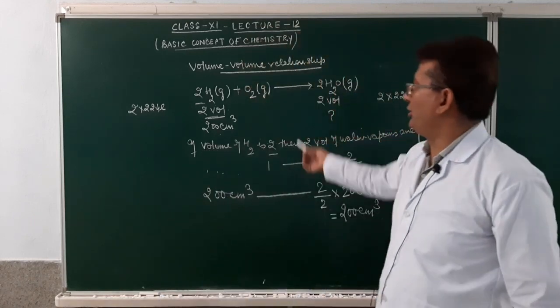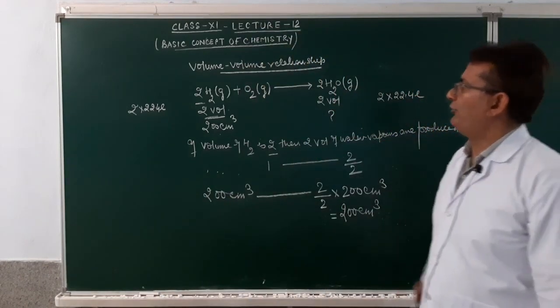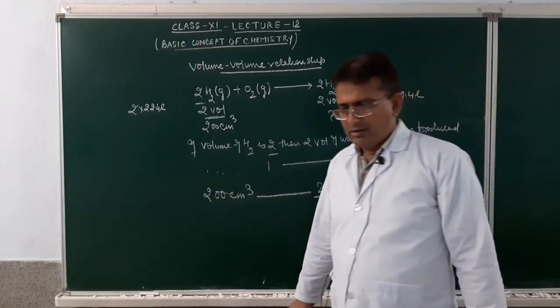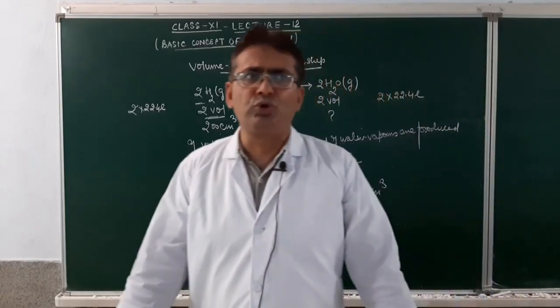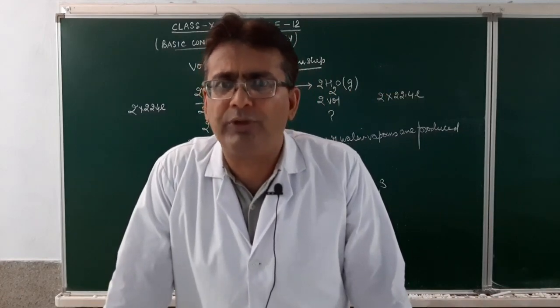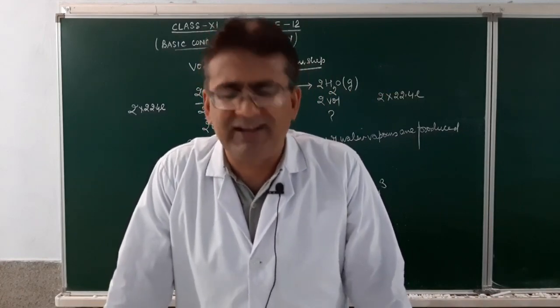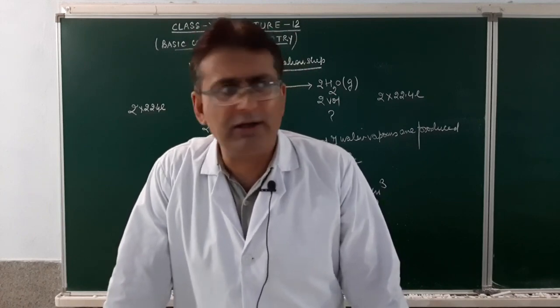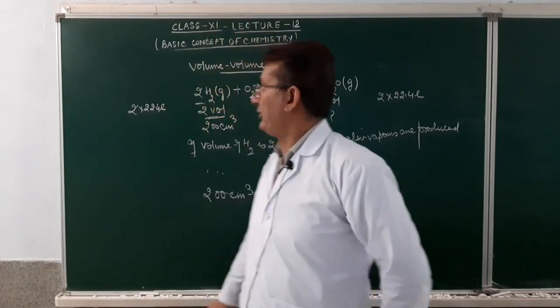Here in the volume-volume relationship, if the volumes of the 2 reactants are given, I repeat, if the volumes of the 2 reactants are given, then the volume of the product will be calculated from the volume of the limiting reactant. The limiting reactant is that which is completely consumed during the chemical reaction.